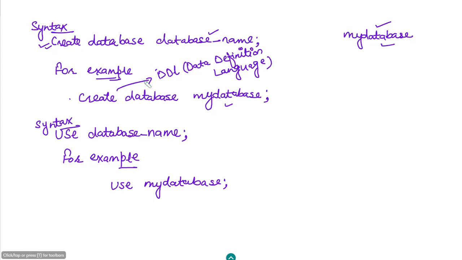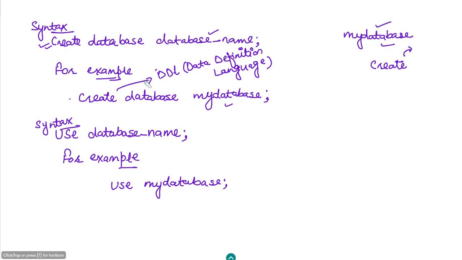Now, next, what we have to do, we create a table by using create command, right? Which will come under the DDL because we still are creating the structure of our table.